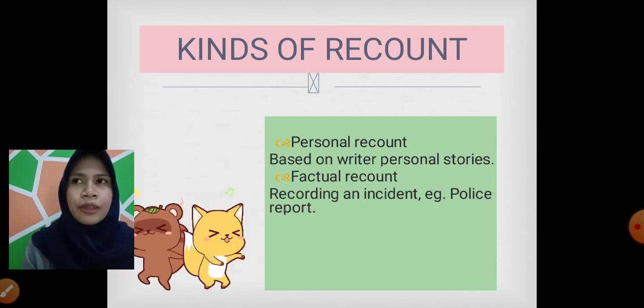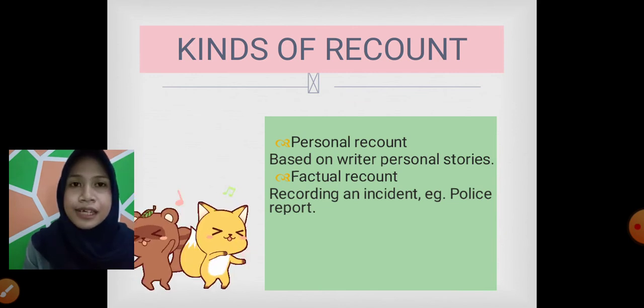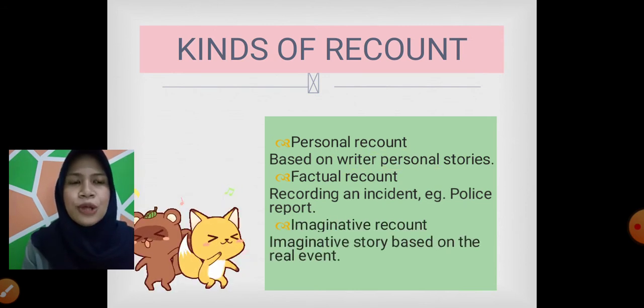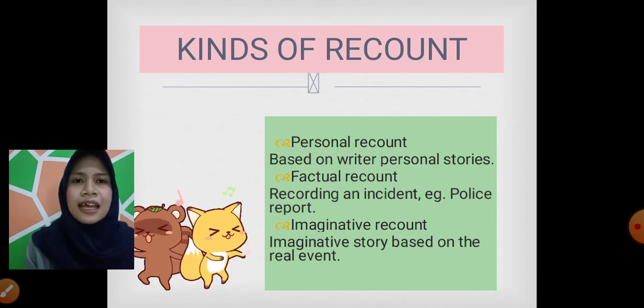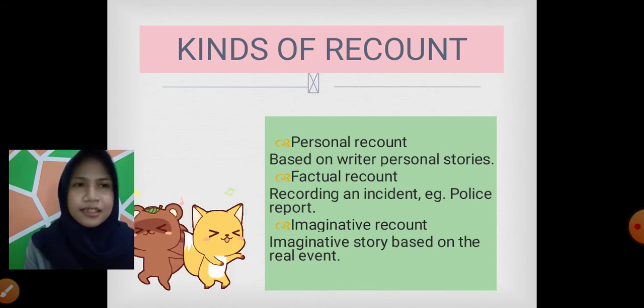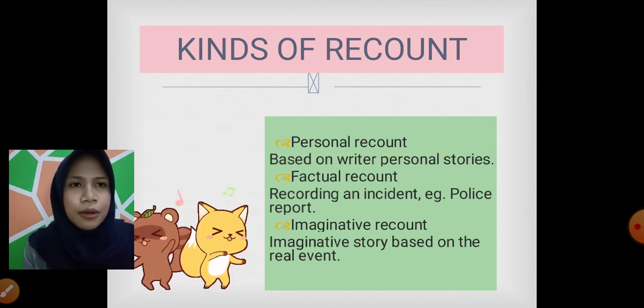So this is important experience or events that occurred before. And the last is imaginative recount, an imaginative story based on a real event. For example, the legend and the like.